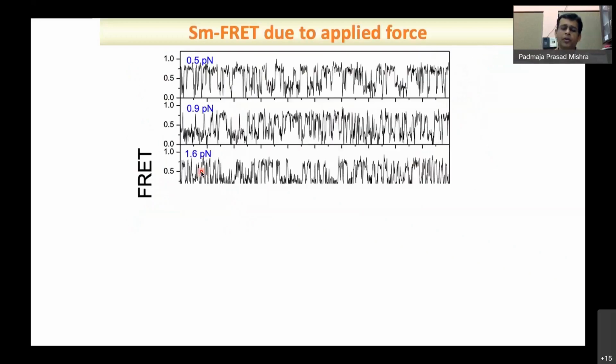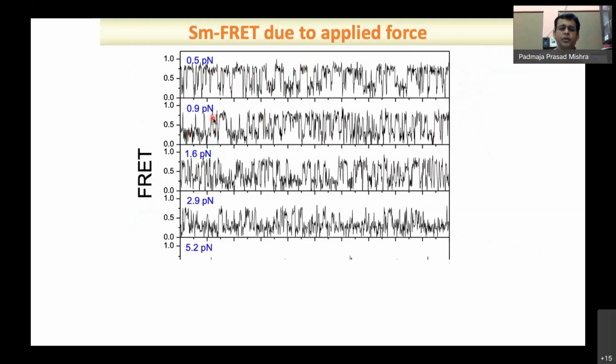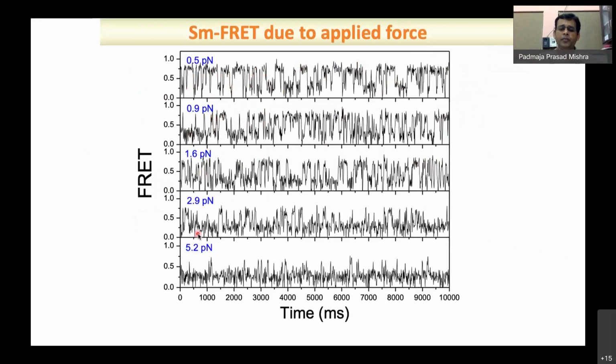You can see that when there is no force, the branches keep switching in dynamic equilibrium between high FRET and low FRET very frequently. But once you keep increasing the force, as small as 0.9 piconewton or 1.6 piconewton, or keep increasing till 5.2 piconewton, the high FRET state completely vanishes, and the Holliday junction mostly stays in the low FRET state.